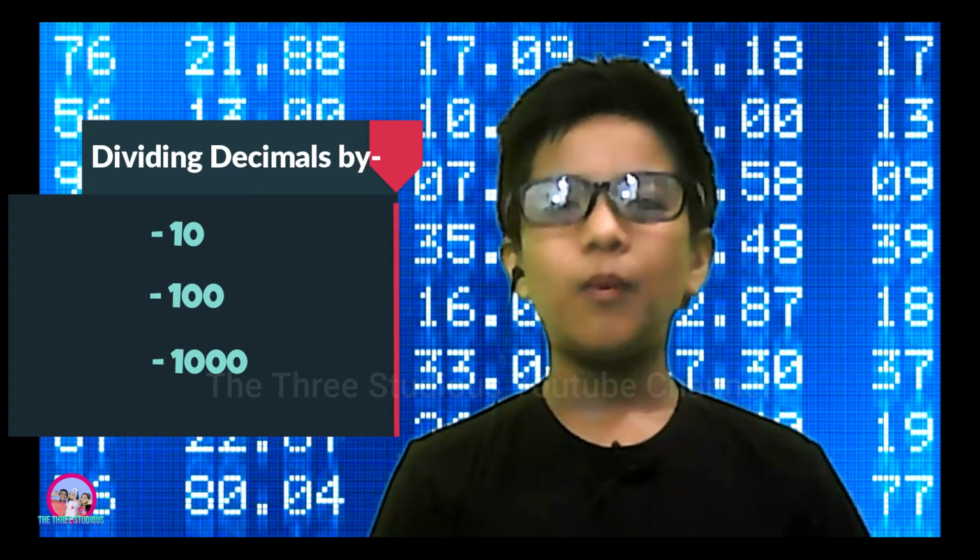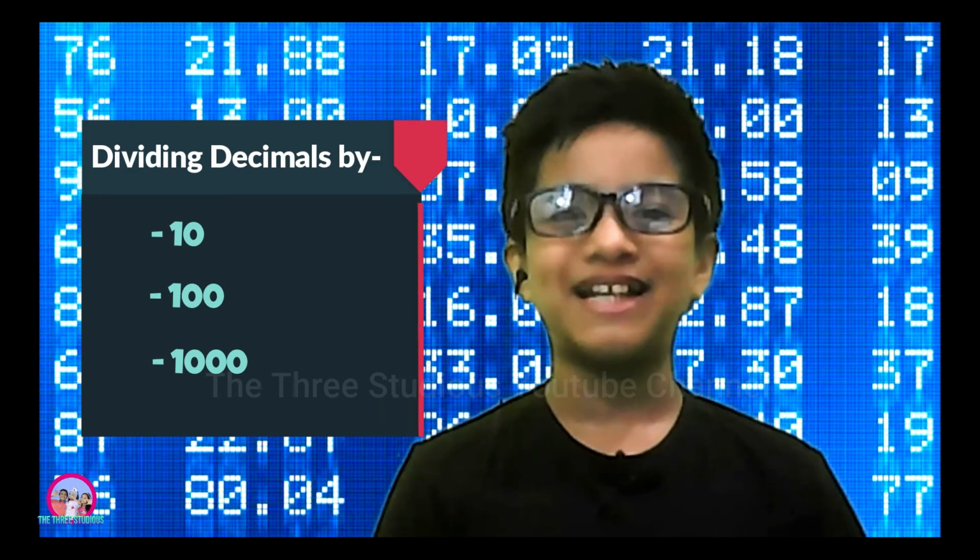Now, we look at the division of a decimal number by 10, 100, and 1000. I will share the screen. Here's our first example. 0.94 divided by 10.